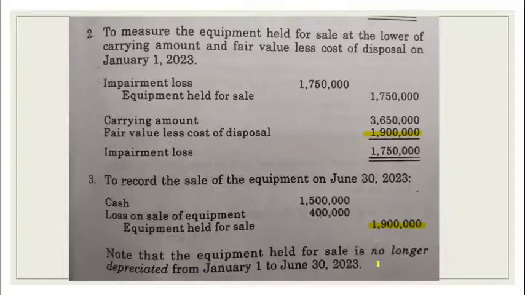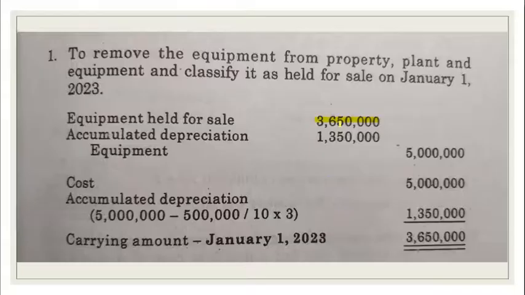So, note that the equipment held for sale is no longer depreciated from January 1 to June 30. So, again, don't forget to record the impairment loss or katang sa gain. Kay basin ang buhaton ninyo, ari pa lang diri daan is inyuhan na ng idritso og 1.9 million.